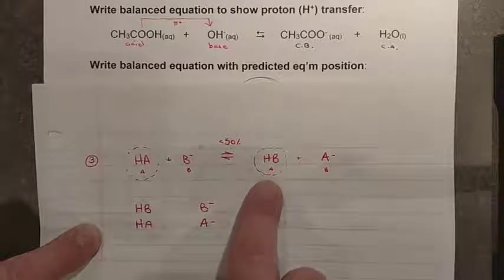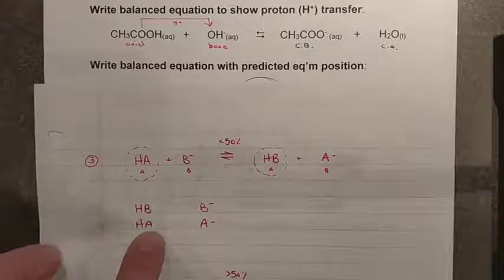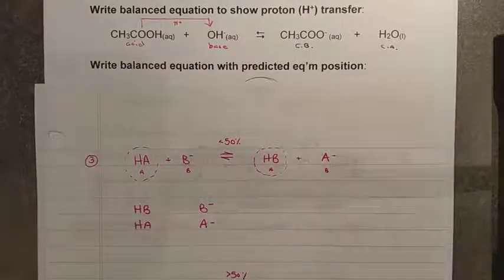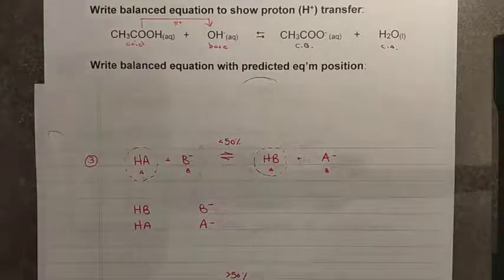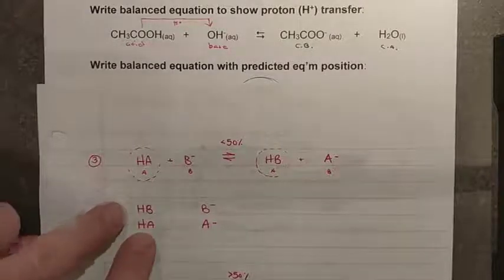Stronger acid, higher on the table; weaker acid, lower on the table. So we've learned from this first reaction that HB is superior to HA. We did similar things like this when we were looking at OAs and RAs in our reduction tables that we were building back in Electrochem 2. So all we've learned is this.